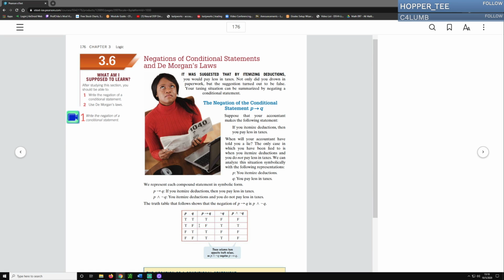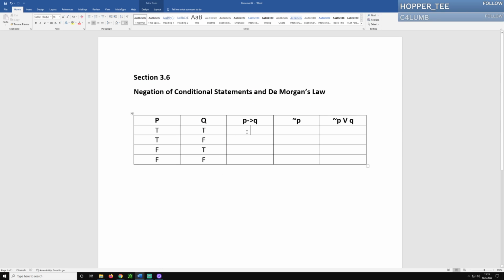What I have up here on this Word document is two statements. I have the truth table for P and Q, and then I have this one, which is if P, then Q. And then the others here, not P and not P or Q. Now, we're going to do these truth tables.